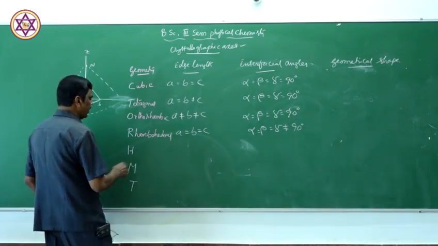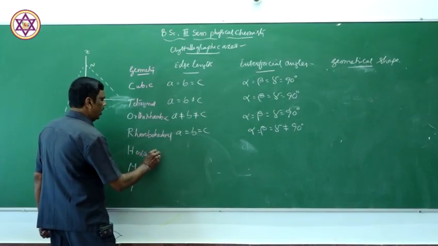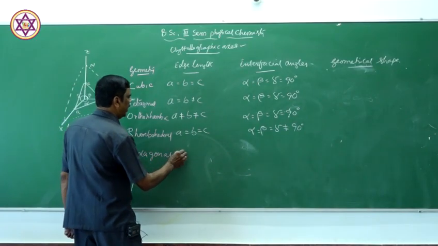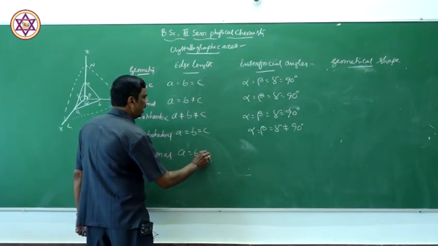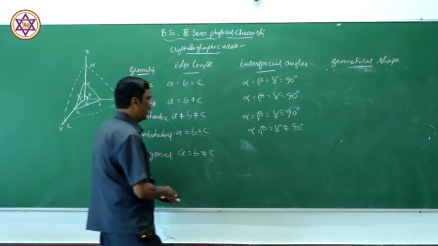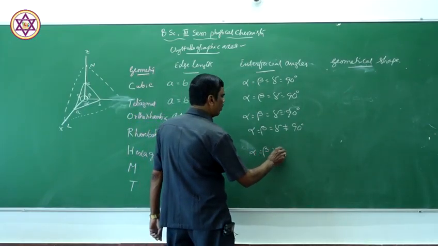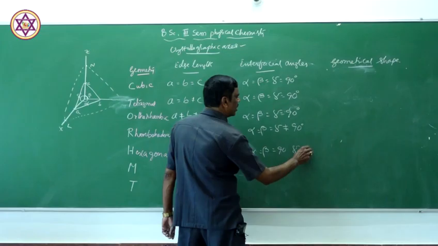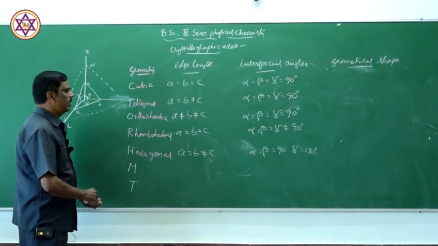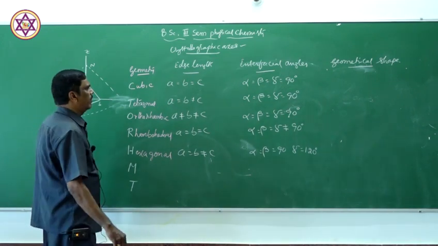Similarly, we have hexagonal geometry. In this hexagonal geometry, again A is equal to B, not equal to C, whereas interfacial angles alpha is equal to beta is equal to 90, but gamma is equal to 120 degrees. So this is hexagonal shape. We shall write the geometrical shape afterwards.